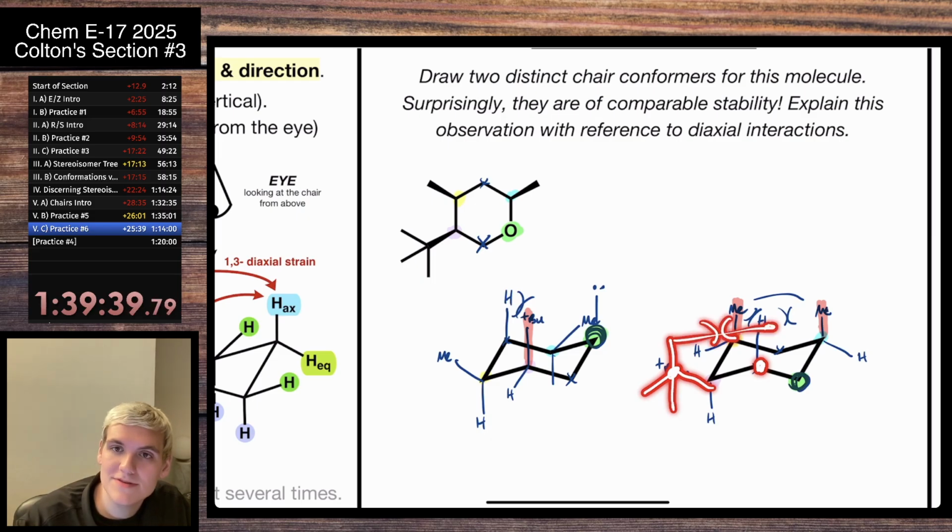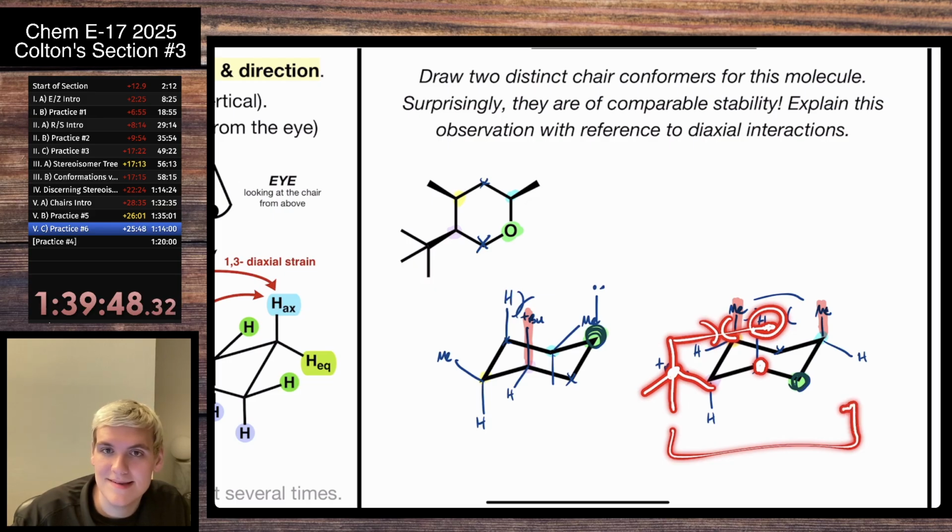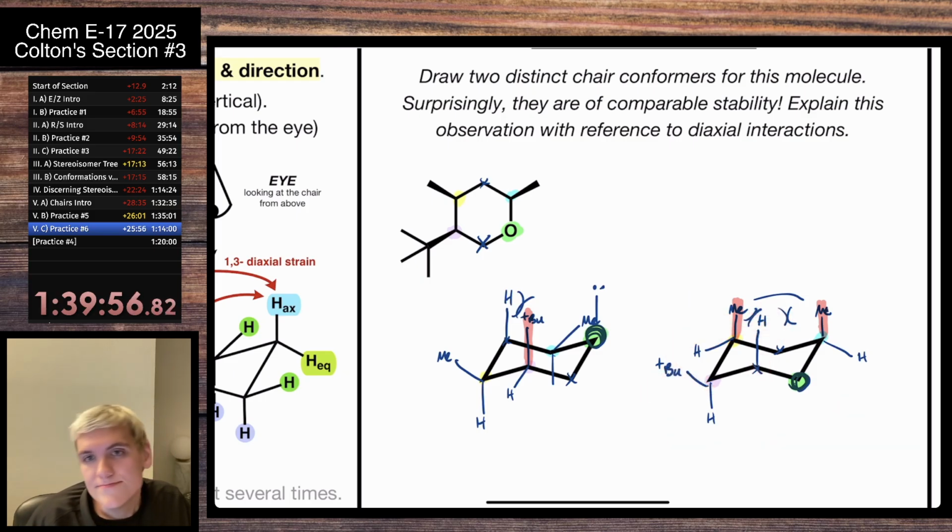So the methyl up top there is going to hit this hydrogen here, making this one, even though, again, initially it appeared to be the more stable one because it doesn't put a tert-butyl axial, you're still having more diaxial interactions here. Again, there are a few different ways to think about this, but I think that this idea is going to come back on the homework, so just keep that in mind.